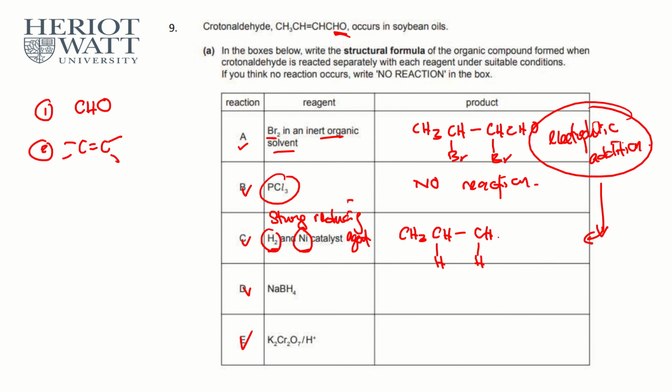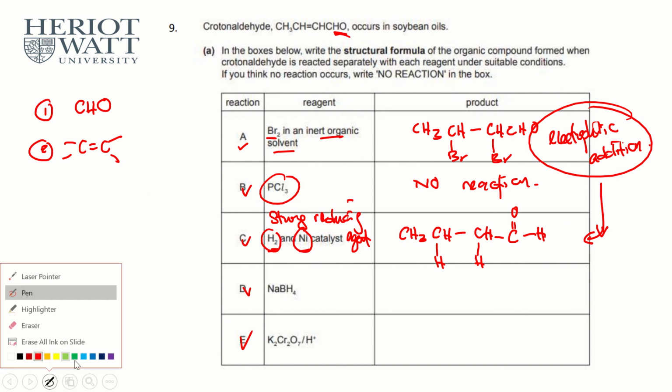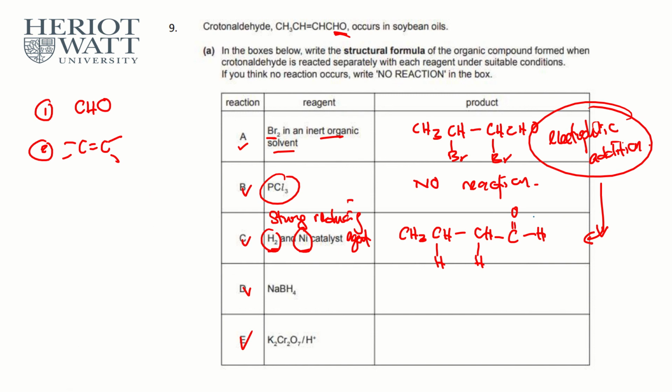The aldehyde, C double bond O with H, this is the original aldehyde, right? What you're going to get is C, no more double bond, single bond with an H, and add another H here, reduction. So you will get an alcohol at the end and also added 2 hydrogen into it. So you are reacting with both in this case for reagent C, because it's a reducing agent and also an electrophile, for hydrogen gas. So that is for part C.